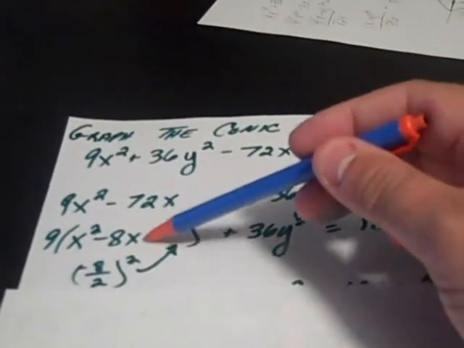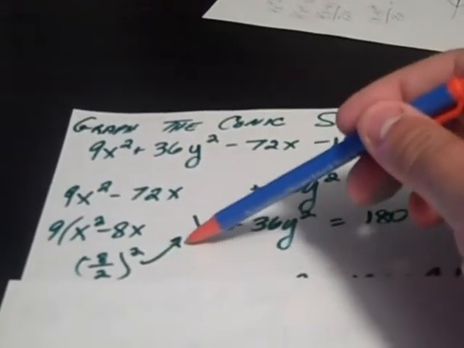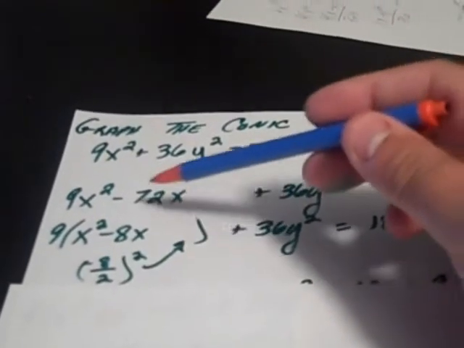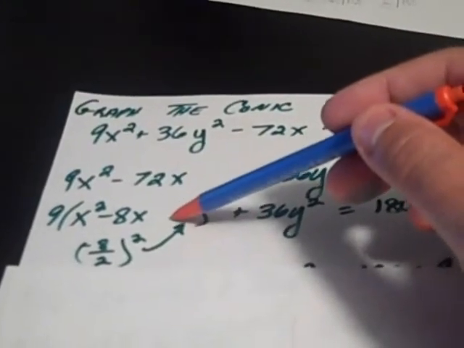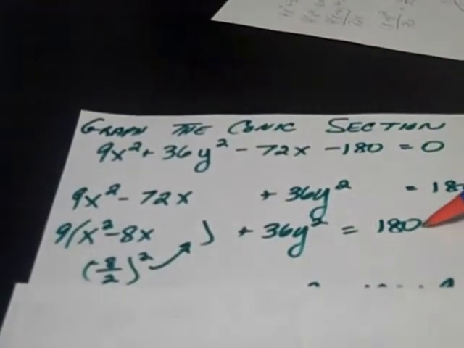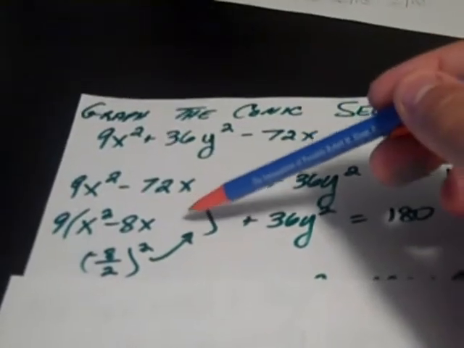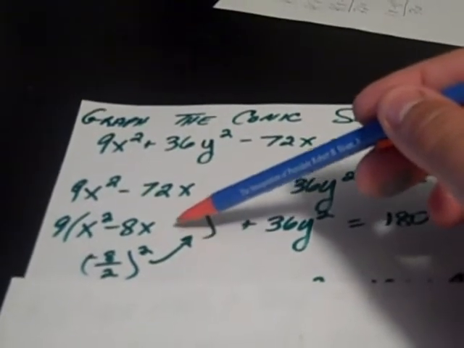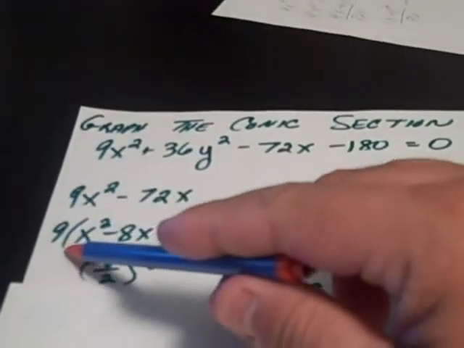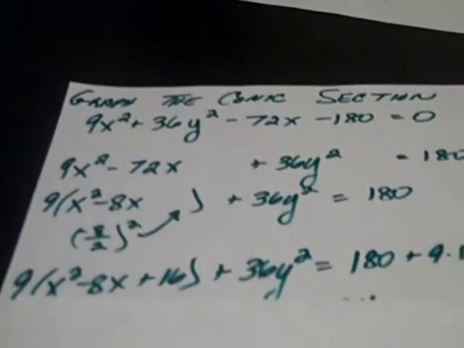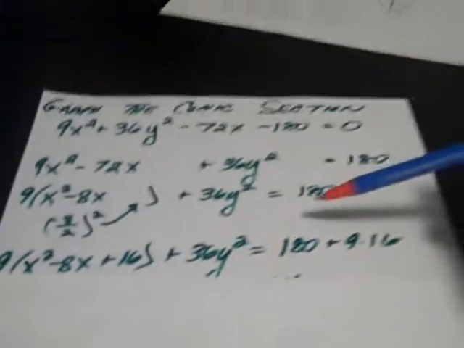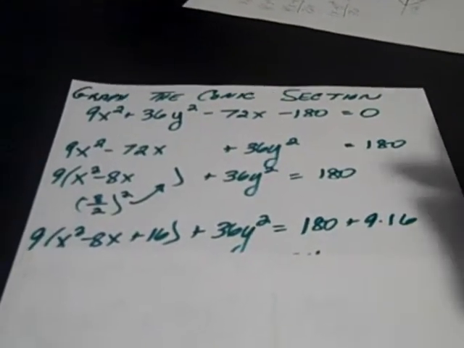We're going to add 16 over here inside the parentheses, but when we do that, we're going to have to keep in mind that if I've added a 16 on the left, I would add 16 on the right. But hold on. If I'm adding 16 in the parentheses and that 16 is getting multiplied by 9, the effect is I've actually added 9 times 16 on the left, so I'm going to have to add 9 times 16 on the right.